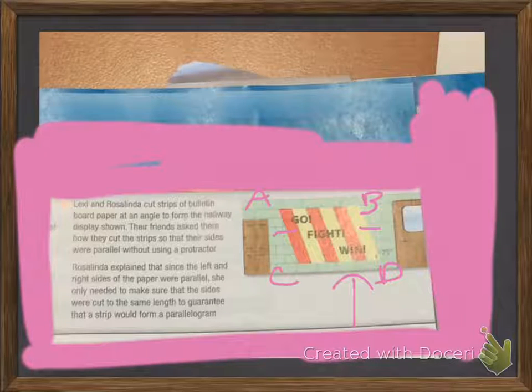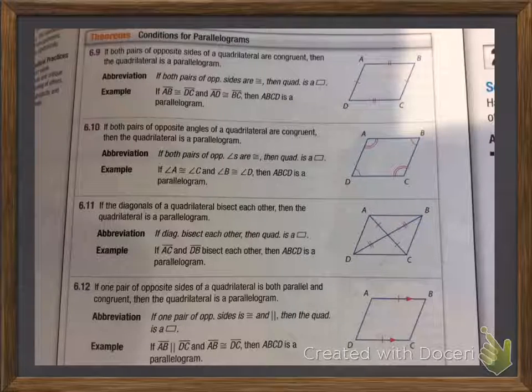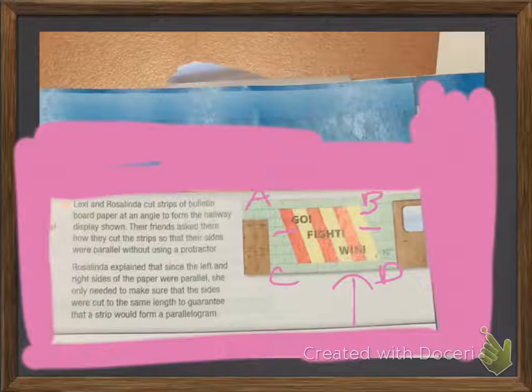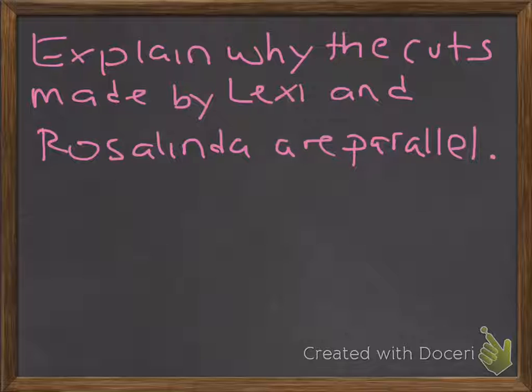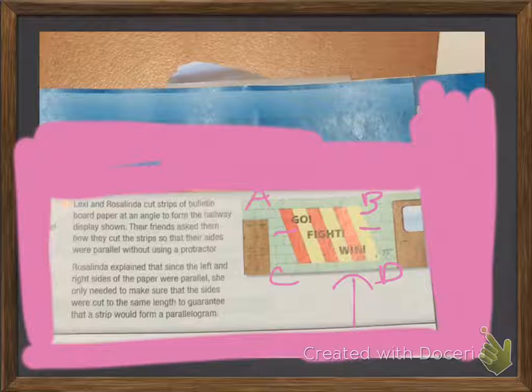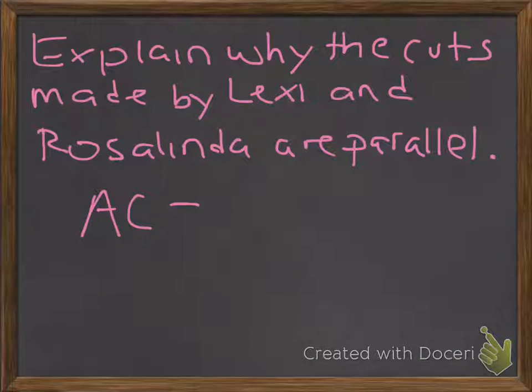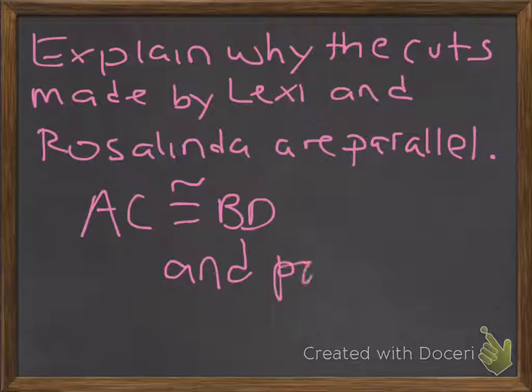Then we can say by theorem 6.12, if one pair of opposite sides is congruent and parallel, then the quadrilateral is a parallelogram. That would tell us then that the cuts that she's making every time are going to be parallel because it's a parallelogram. So we know that AC and BD are congruent and parallel.